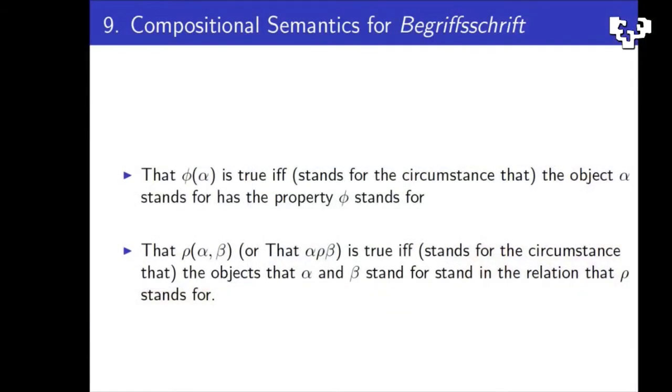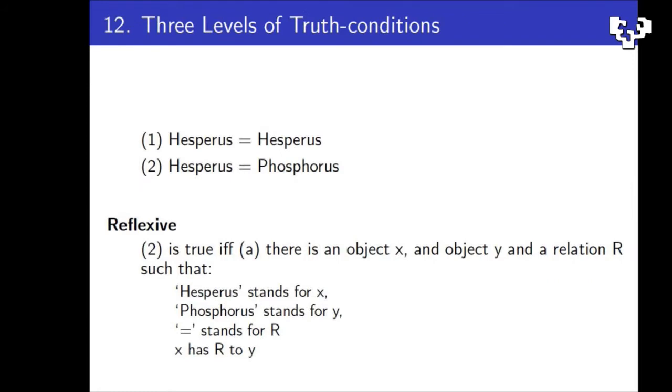Okay. Now, I want to say that just given the Begriffsschrift language, we can actually distinguish between three levels of truth conditions. First is the reflexive. That's what David used to answer the question. Second, we're going to take Hesperus identity sign Phosphorus, right? So this is of the form ARB.